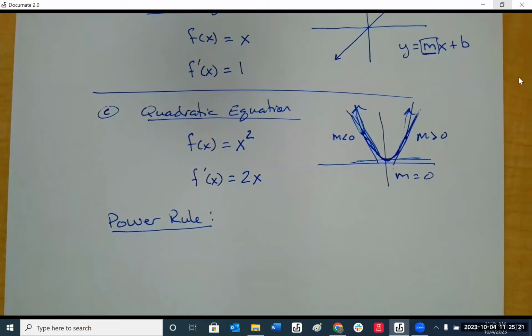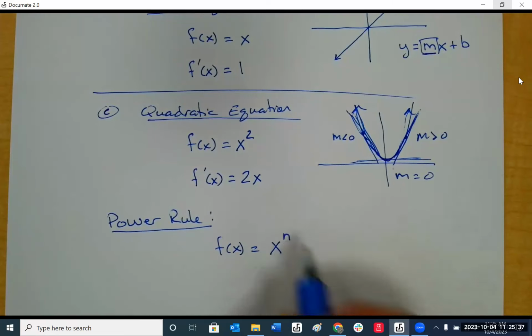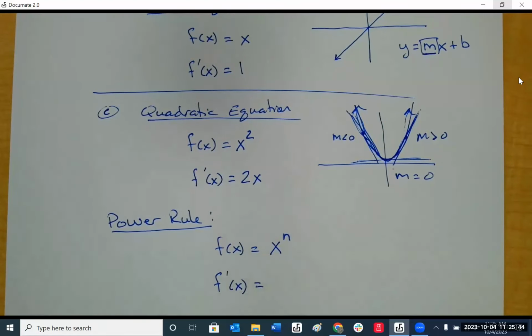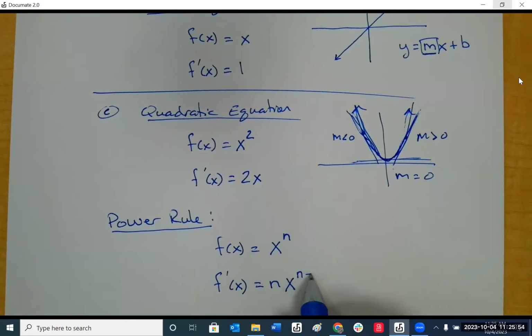Because the constant rule and the linear equation, we know those. If it's a constant, the derivative is 0. If it's a linear equation, the derivative is 1. But if our function is x to the power n, the derivative of this: bring down the power and subtract 1.